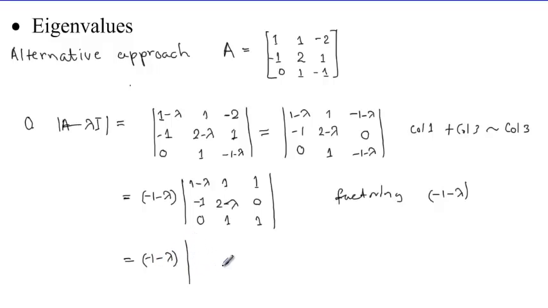Then we apply another property of determinants to this matrix. In this case, we're going to use row 1 subtract row 3 to get our new row 1.